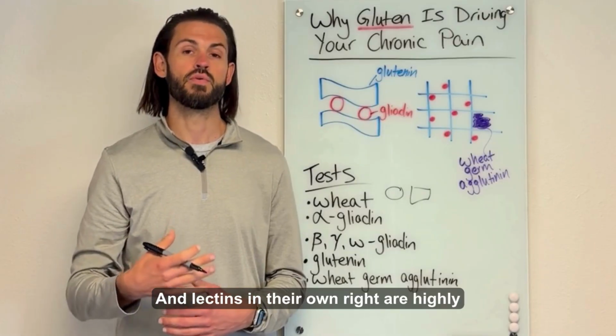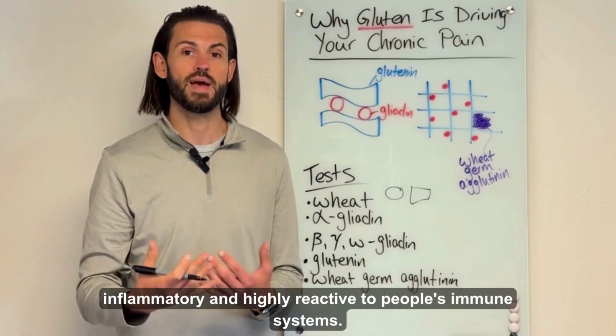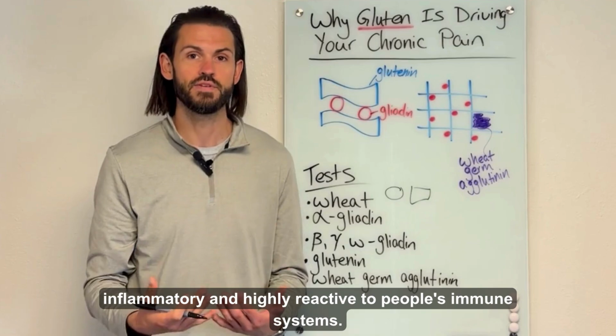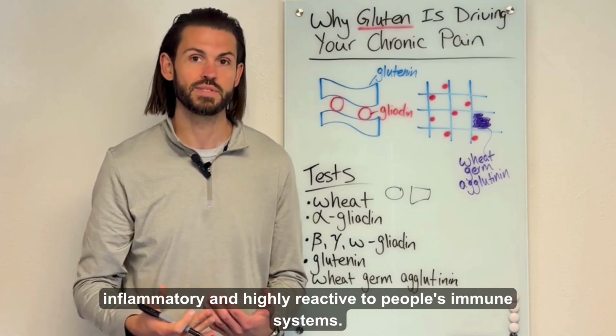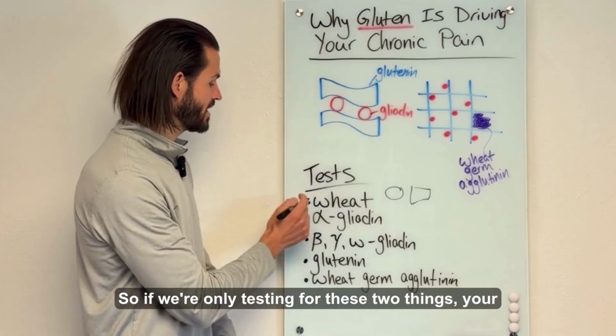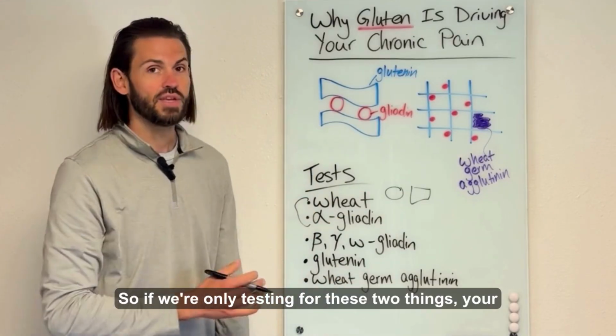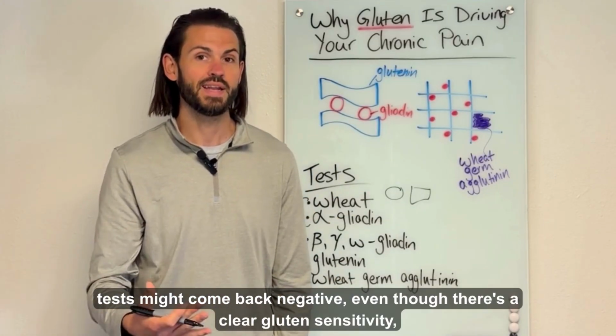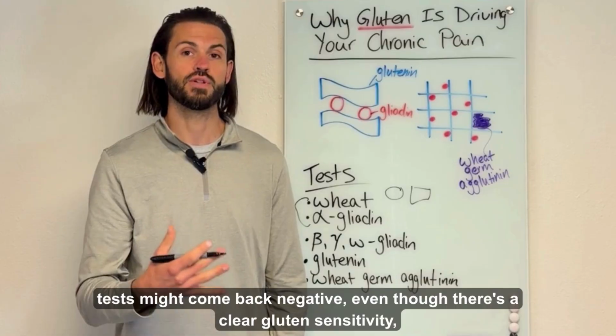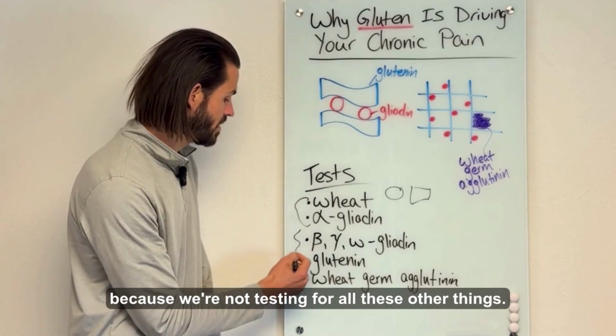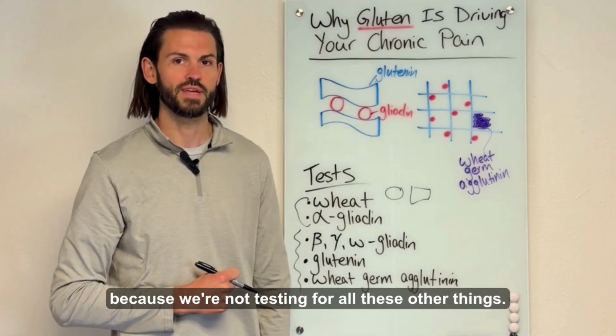And lectins in their own right are highly inflammatory and highly reactive to people's immune systems. So if we're only testing for these 2 things, your tests might come back negative even though there's a clear gluten sensitivity because we're not testing for all these other things.